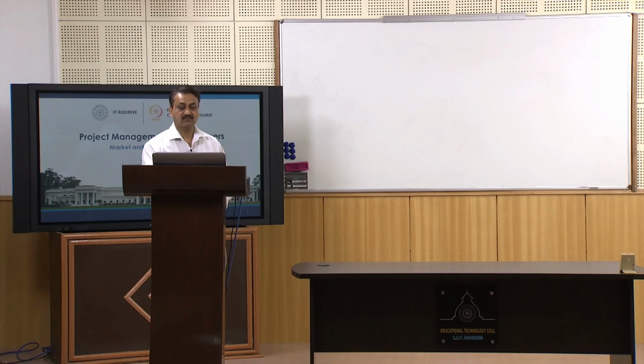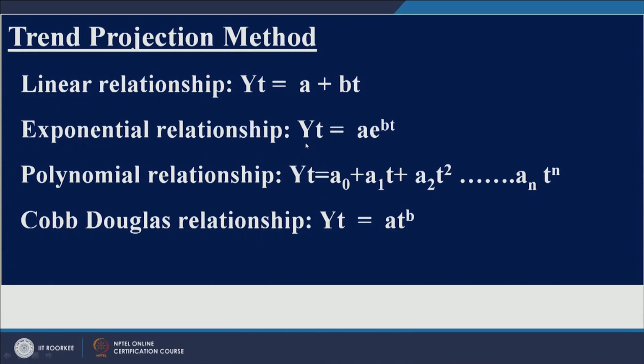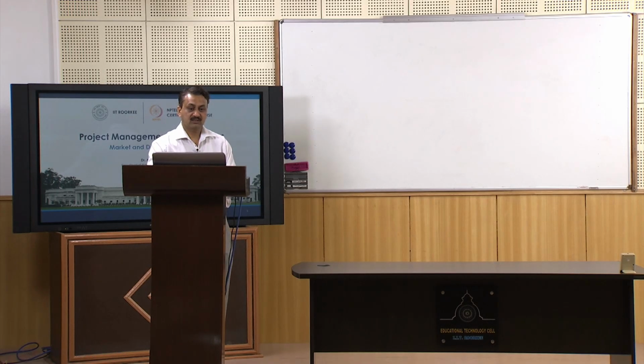The value of y, the dependent variable, let us say the profit of an organization, depends on, let us say, R&D investment. It is possible that there is an exponential relationship between R&D investment and profit. You can also have a polynomial relationship; this is the equation for a polynomial relationship. And there is something called the Cobb-Douglas relationship. We will not go into the detail of all these; we will look at the linear relationship.